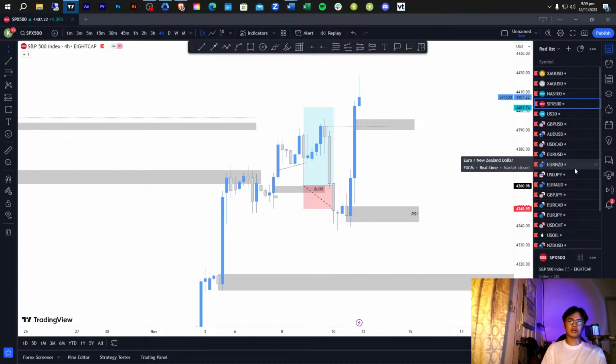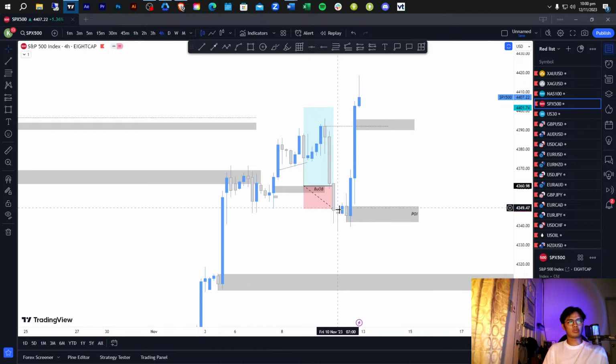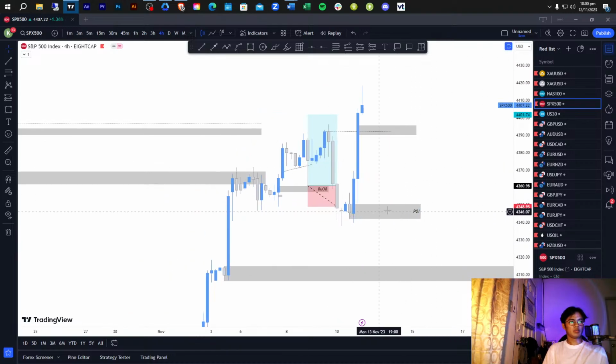Our forex pairs usually just tap the zones on the weak area, but for NAS, SPX, US30, and I don't know about the other indexes, they are eating the whole zone, or the whole POI from the wick until the lower body, and that's where we'll place entry or layer. If you're layering or just doing one order, two orders, that's fine. Depends on your risk management. Just always manage your risk.